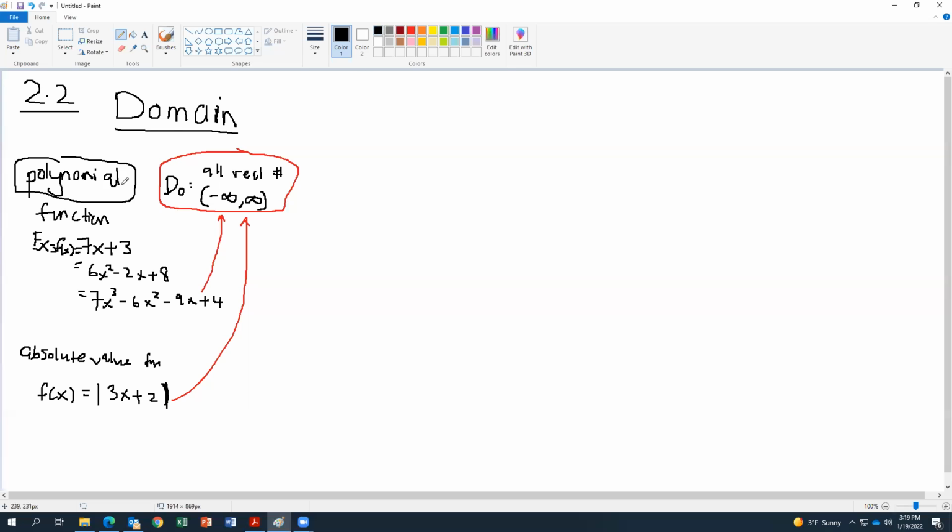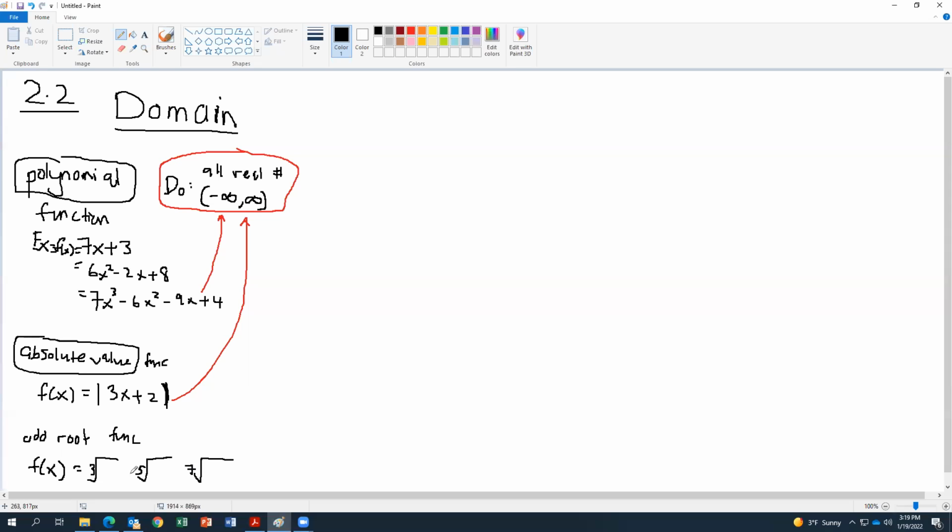What else also has a domain of all real numbers, besides polynomial and absolute value, is the odd root function. What do I mean when I say odd root function? It means your root is odd, like cube root, fifth root, seventh root.